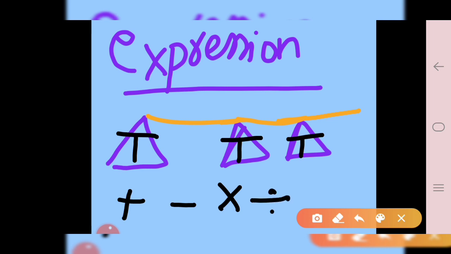So what I'm going to do is I'm going to connect all the terms, different terms, with the help of some operations like plus, minus, multiplication. जब हम बहुत सारे terms को एक साथ join करते हैं, connect करते हैं different operations के साथ, that is plus, minus, multiplication, division, so we get expression.